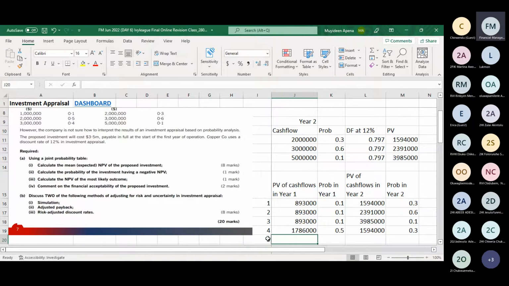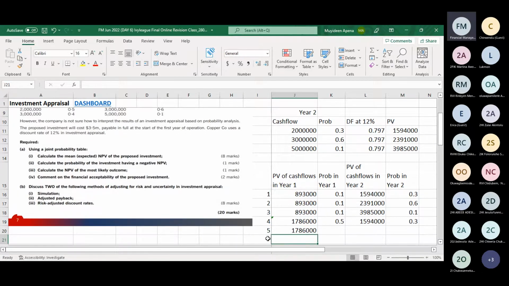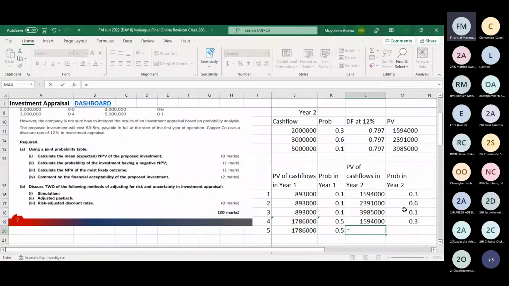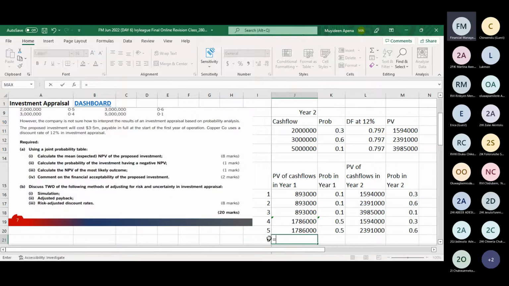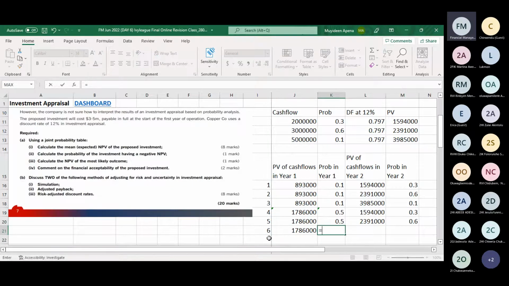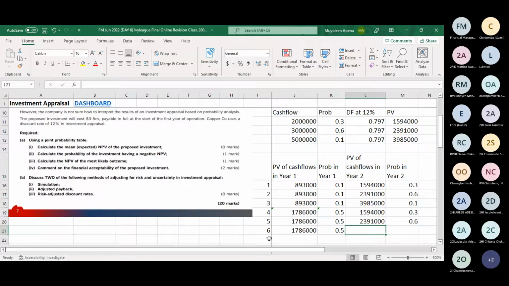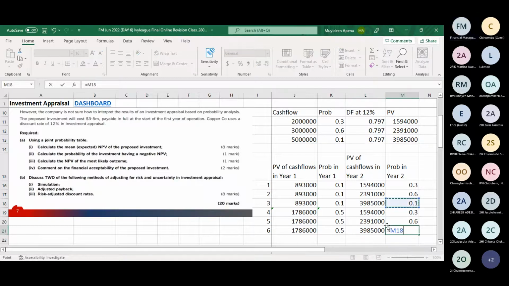Fifth scenario is that while this is maintained in year 1 at this probability of 50%, it is possible that the second year present value will be 2,931,000 at a probability of 60%. The sixth scenario is that while this is maintained in year 1 at a probability of 50%, the year 2 present value could be 3,985,000 at a probability of 10%.